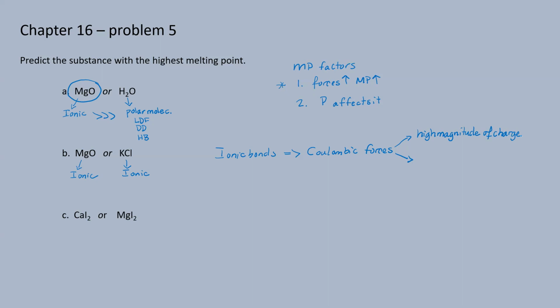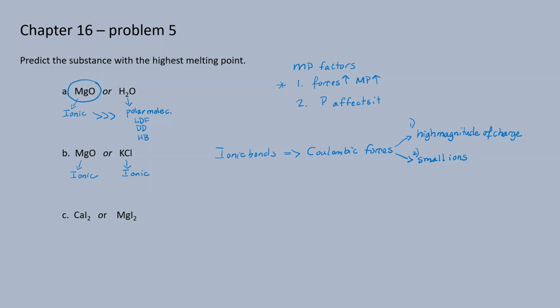But the easiest way to know that they're as close as possible is if you have small ions. So you want to have large charge and small ions, and I would suggest you know it in that order. Think of charge as the first and foremost, and only if that is the same, consider the size.